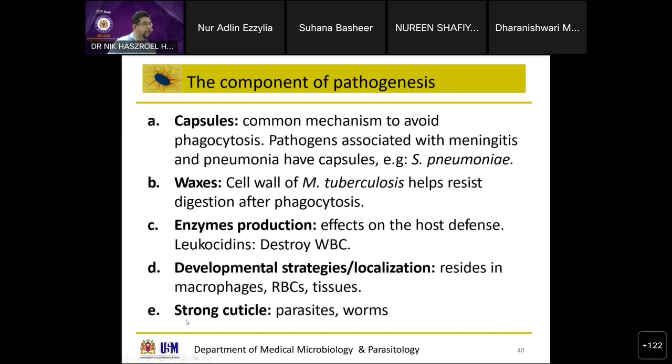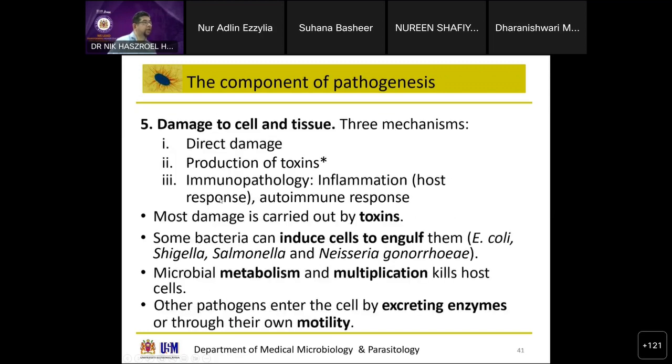And some have strong cuticles, like the tapeworm. They survive in the digestive tract. And some cause damage to the cell and tissue through three mechanisms: through direct damage, through the production of toxic substances, and some through immunopathology.